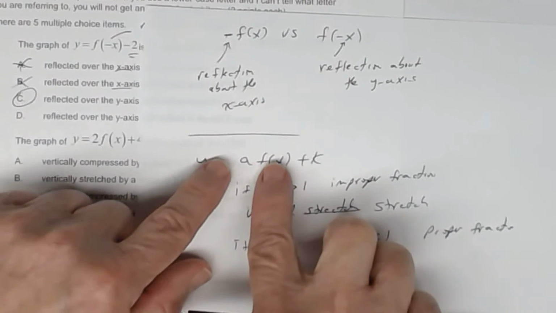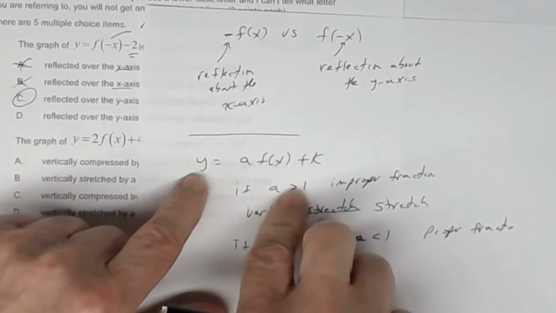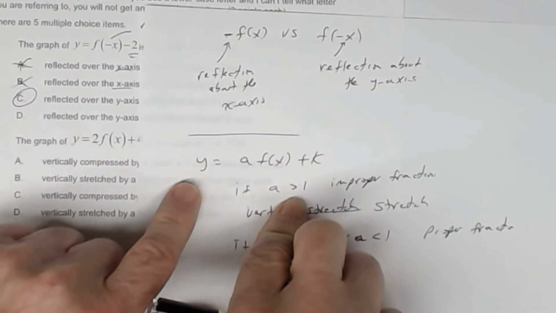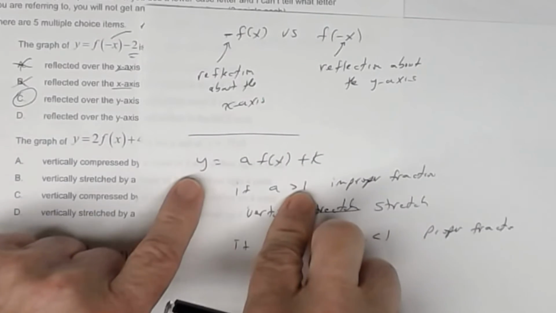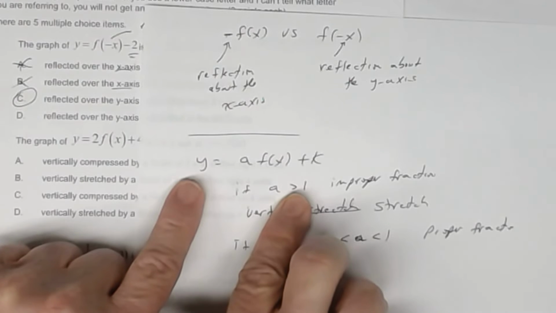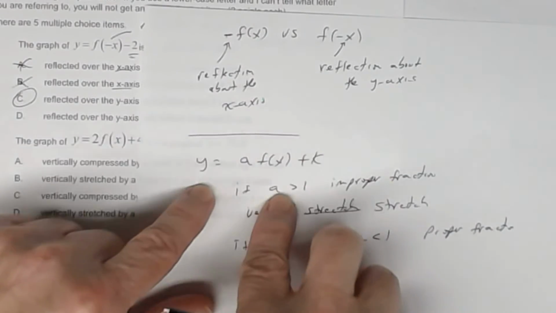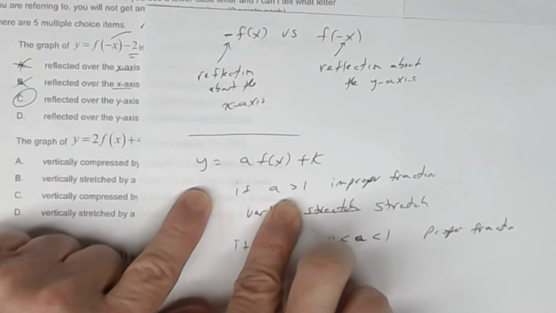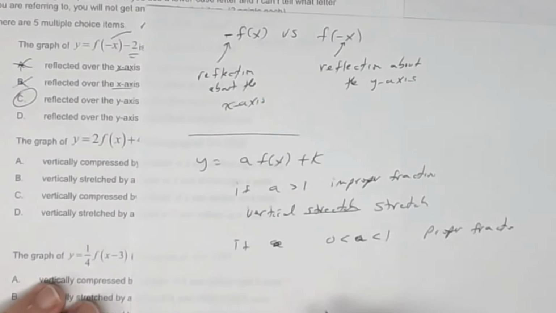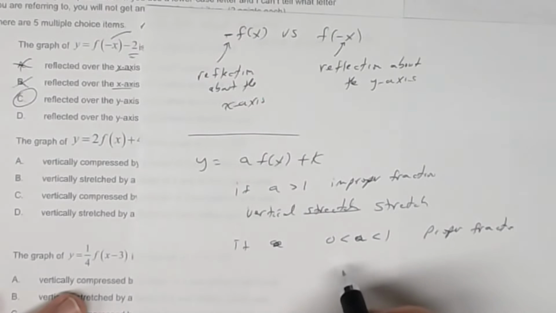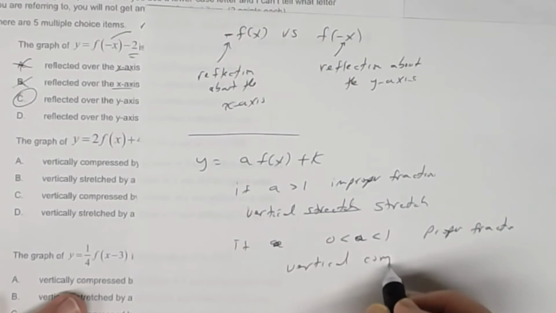You're pulling it towards the x-axis. So that would be a vertical compression. So you're compressing it. All right. So if a is between 0 and 1, you have a vertical compression.